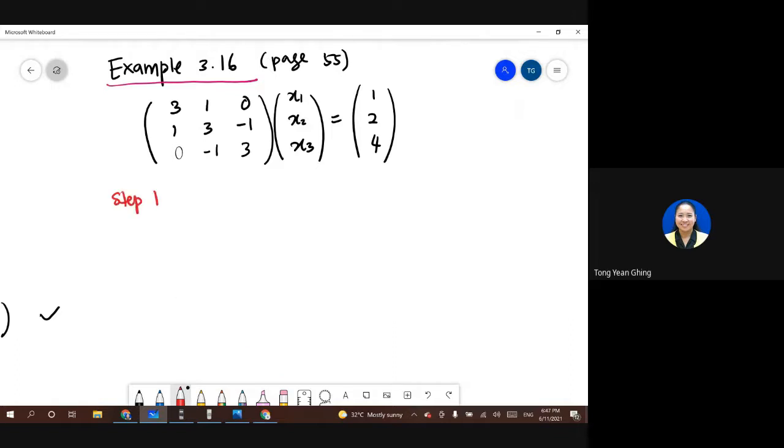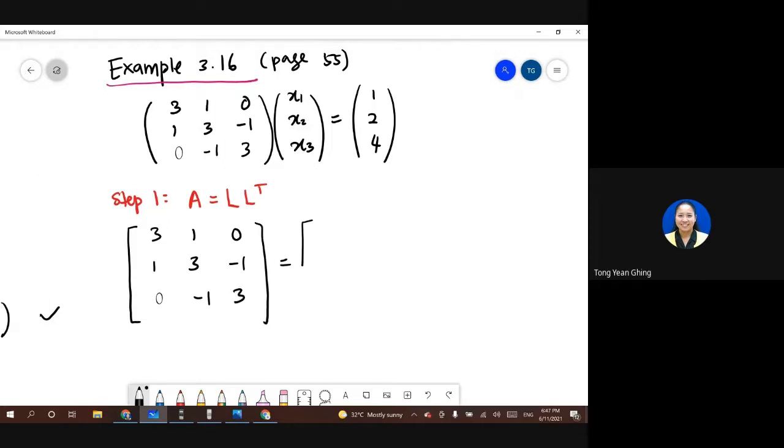Step 1: we have to make A become L times L transpose. Before this, for the Thomas method, we changed A to L times U, a lower triangular matrix times an upper triangular matrix. But here we only change to a lower triangular matrix and then transpose it. So we have the matrix 3, 1, 0, 1, 3, -1, 0, -1, 3.